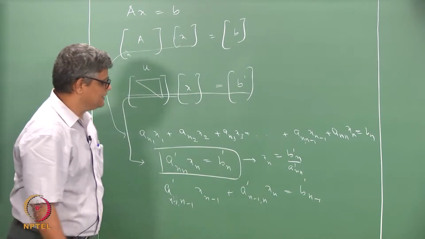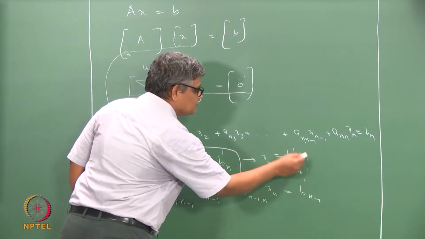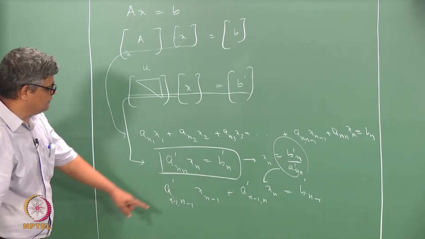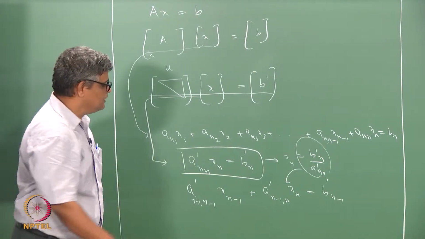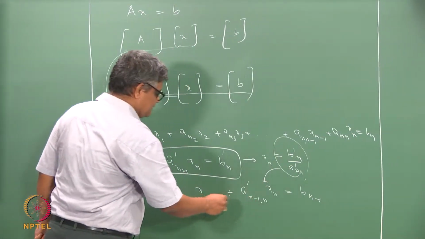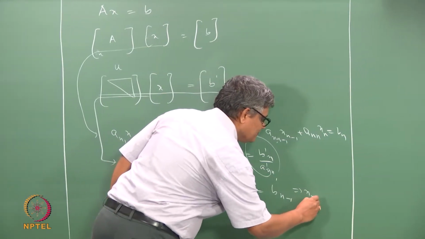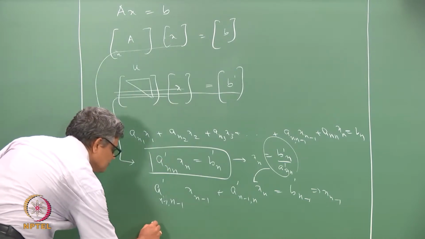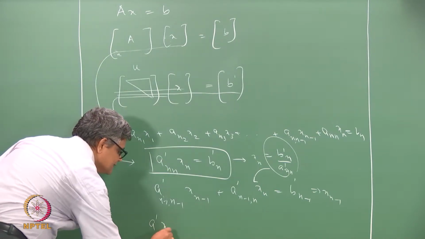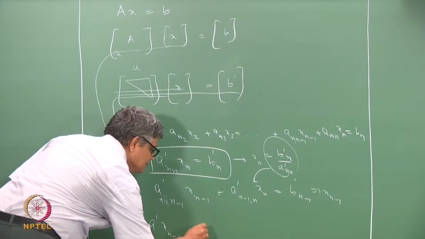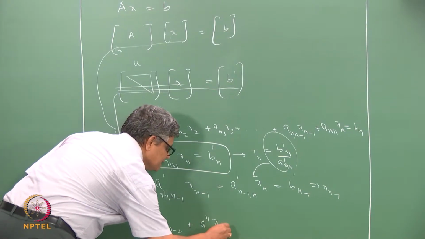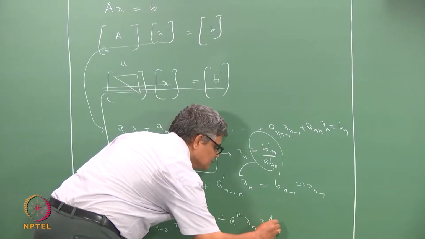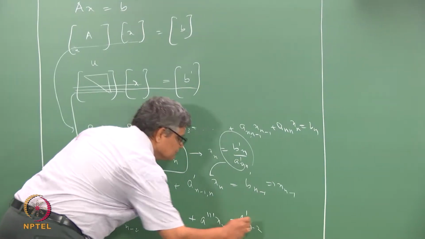And once you have xn here, you can substitute this value in this, and you have this equation which contains only xn minus 1. So by substituting this value in this, we can get xn minus 1. Similarly, the third equation from bottom here is put in some form of a xn minus 2 plus a double prime xn minus 1 plus a triple prime xn equal to bn minus 2 prime.